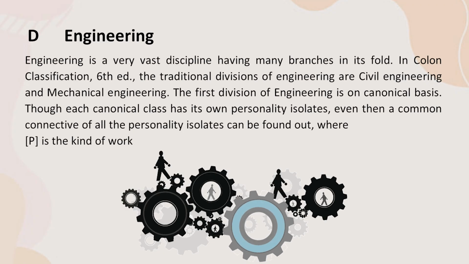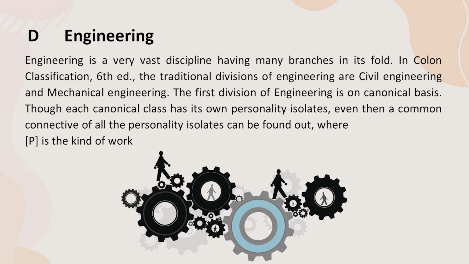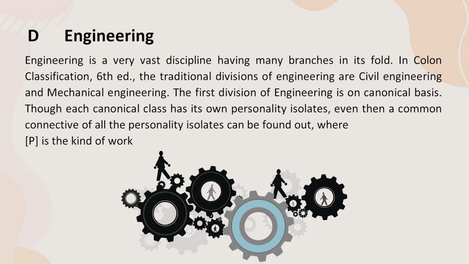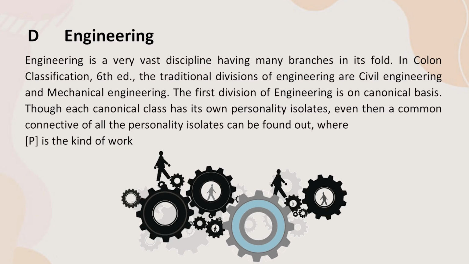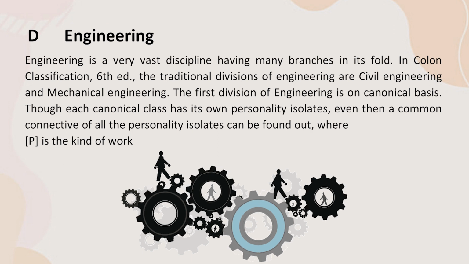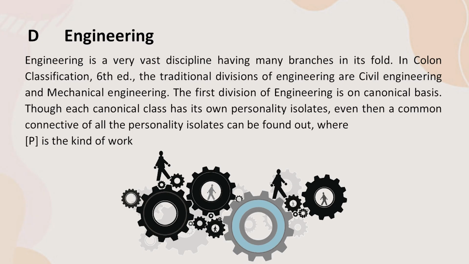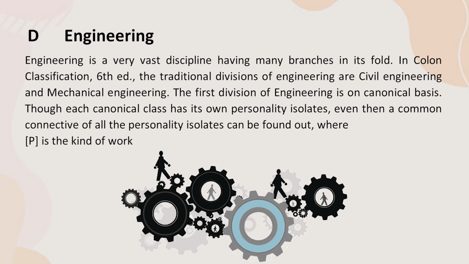Engineering is a very vast discipline having many branches in its fold. In Colon Classification 6th edition, the traditional divisions of engineering are civil engineering and mechanical engineering. The first division of engineering is on canonical basis.